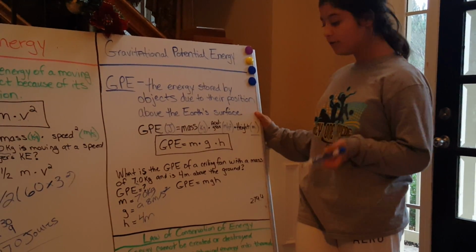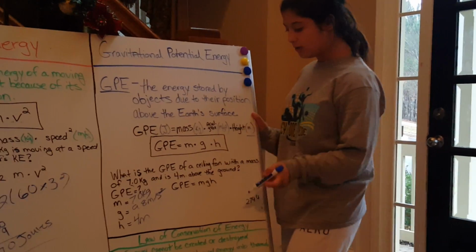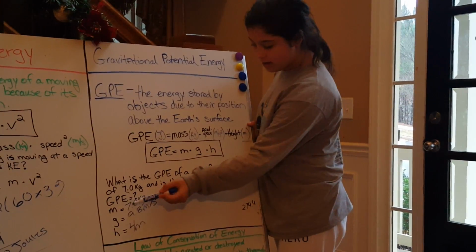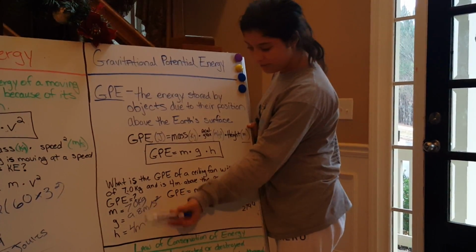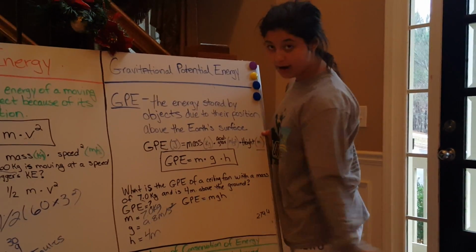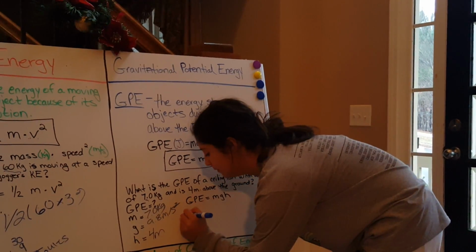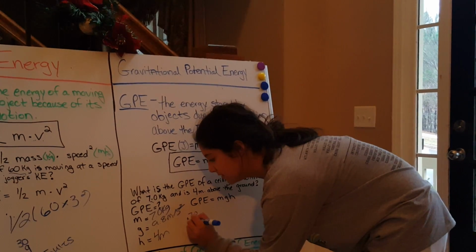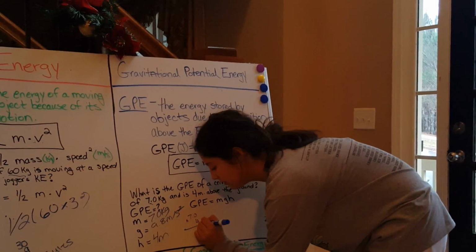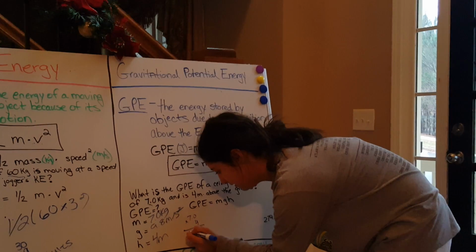What you're going to do first is multiply your 7.0, which is your mass, by your height. When you do that, 7.0 times 4, you should get 280.